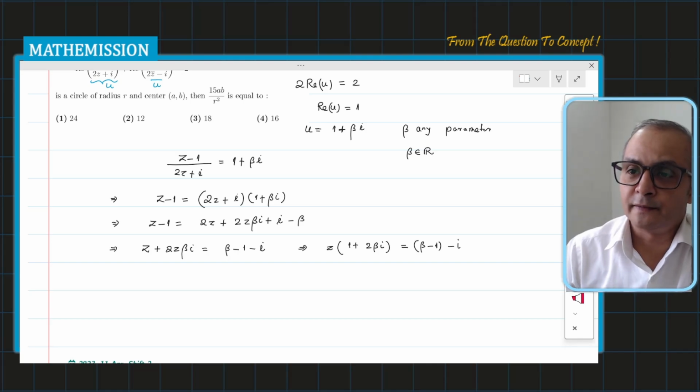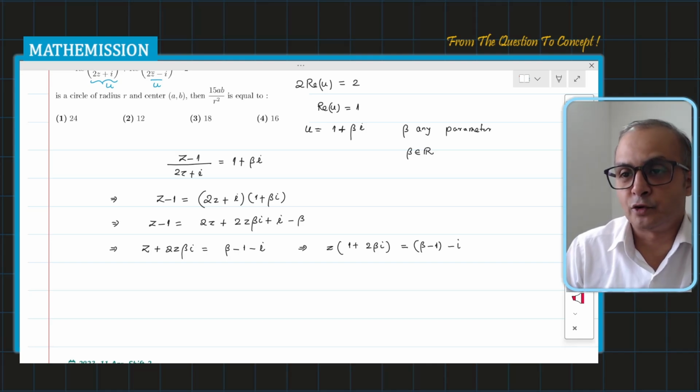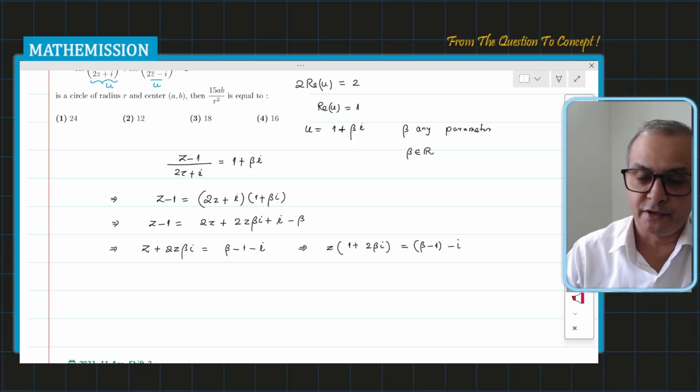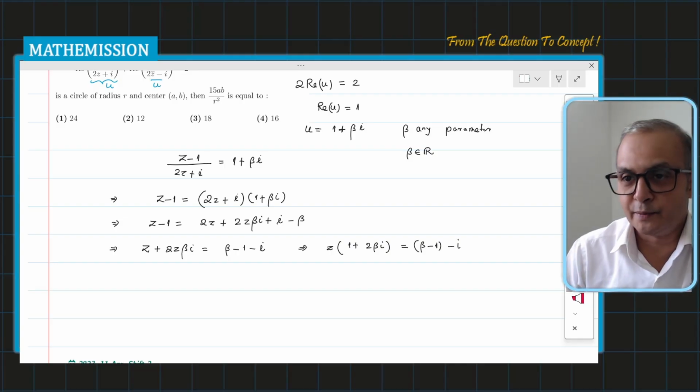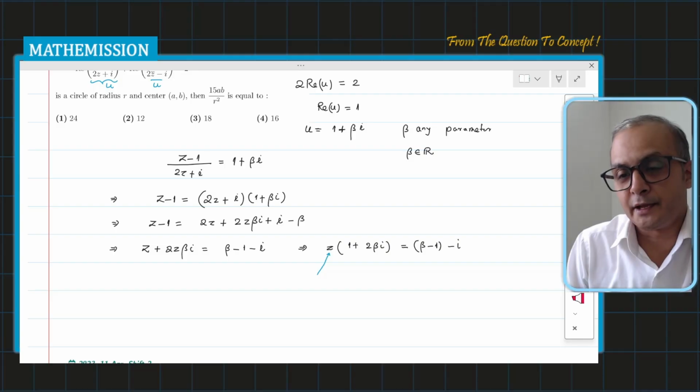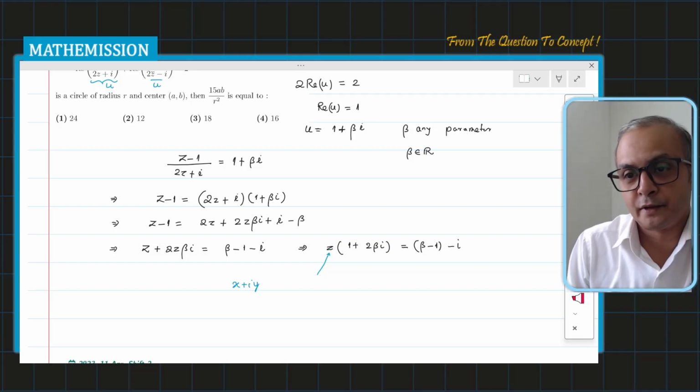And notice one thing, that here I have to find the x and y, the locus of z, and beta is a parameter. So if I want to find x and y, I can immediately say that this z here, I can write as x plus iota y and multiply with 1 plus 2 beta i. That is going to be beta minus 1.